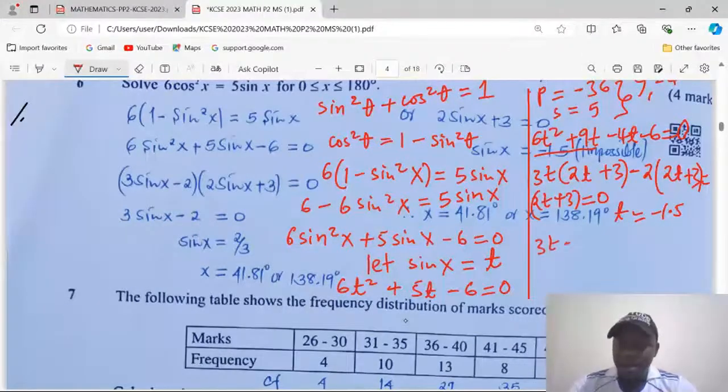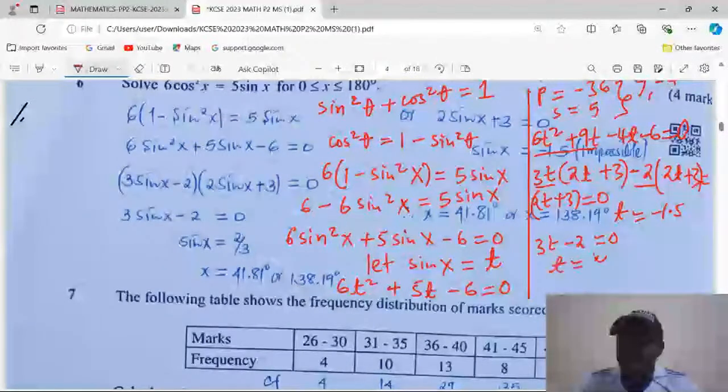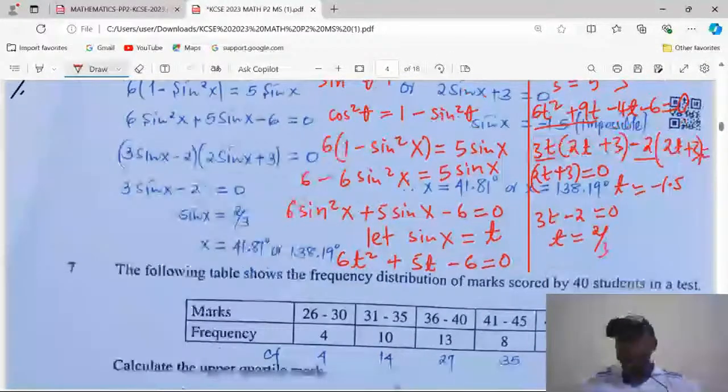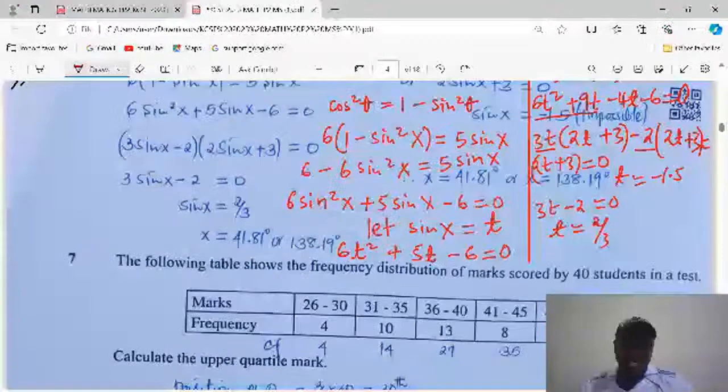The other factor here, 3t minus 2 equals to 0, which is t equals 2 out of 3. Now we tell ourselves that it is the value of sine x, which we called t.